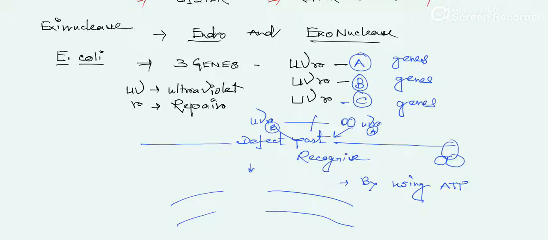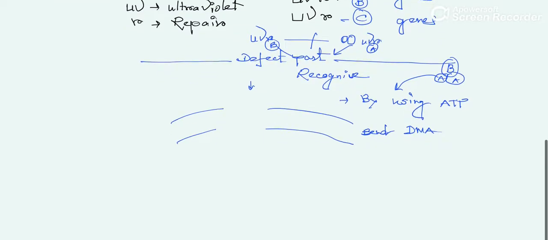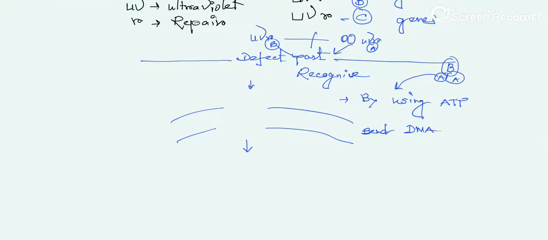These are two UVRA and this is UVRB. They use ATP and bend the DNA. Later the UVRA dimer is released.